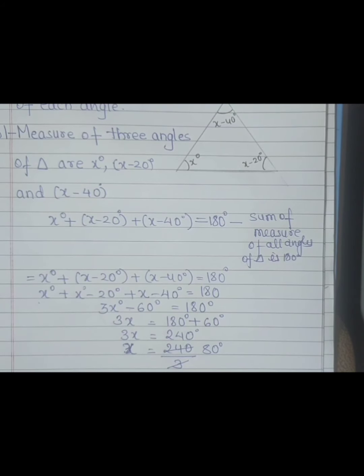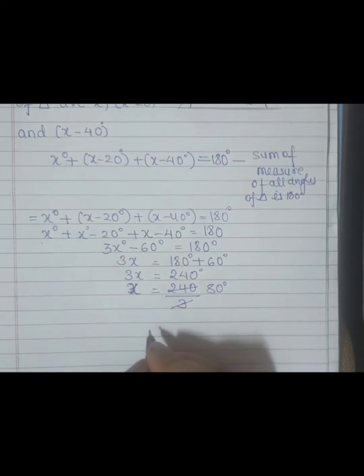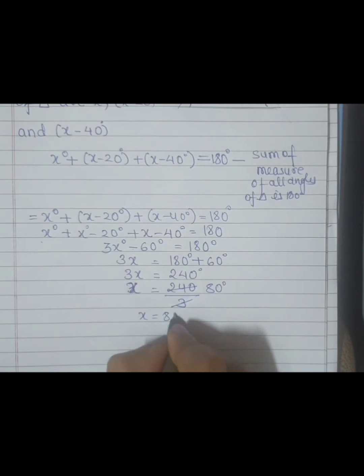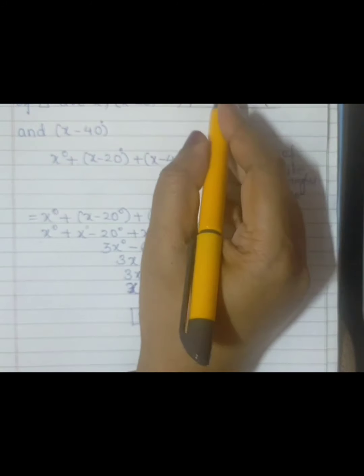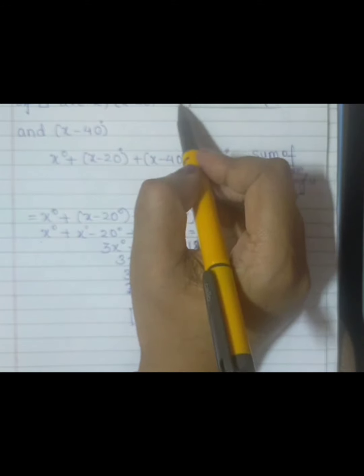So x is equal to 80 degree we got. Now with the help of this we will write the measure of each of the 3 angles.